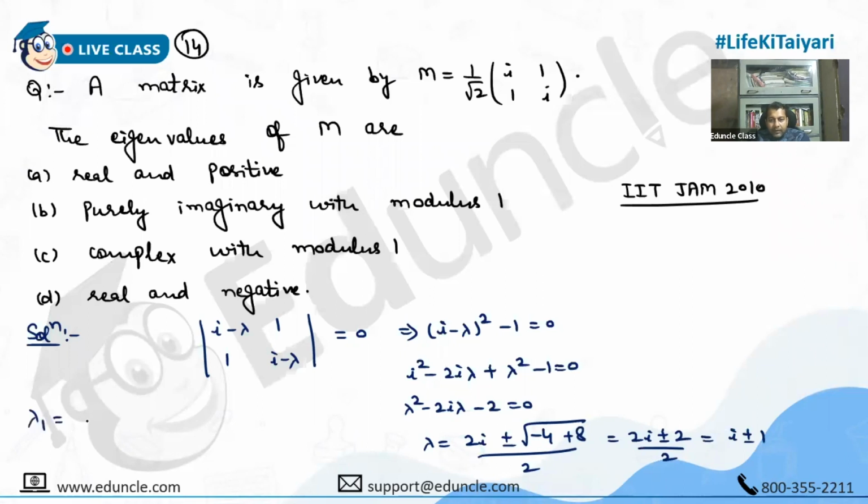So real lambda is... so clearly their mode is 1, na? And they are complex. Please check.